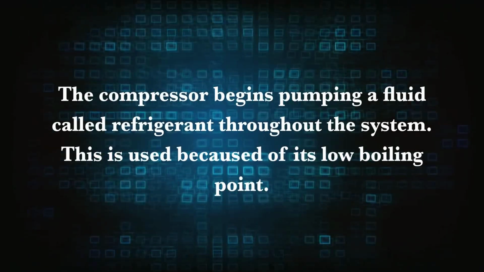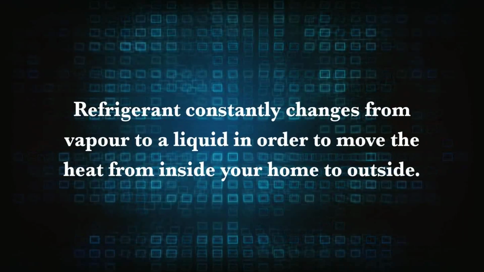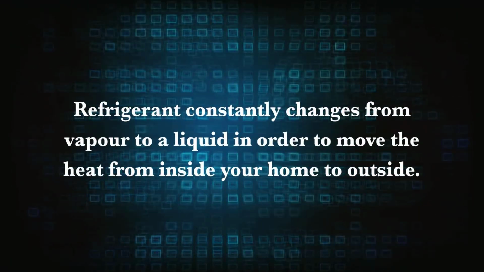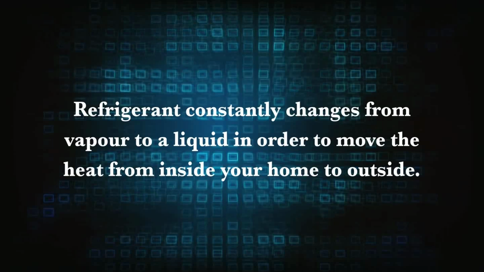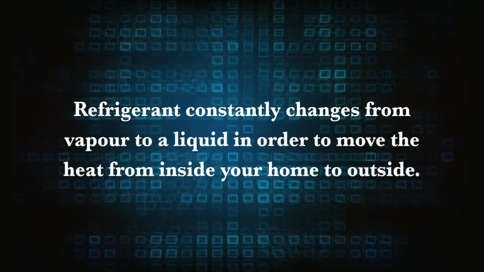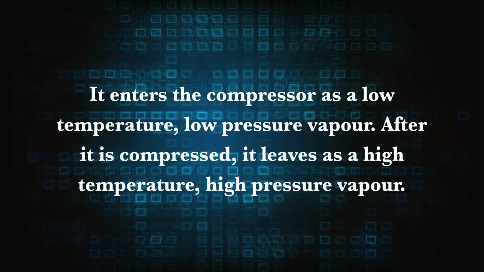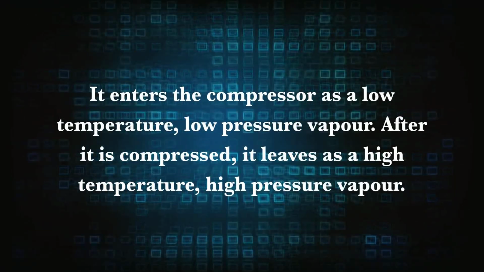This is used because of its low boiling point. Refrigerant constantly changes from vapor to liquid in order to move the heat from inside of your home to outside. It enters the compressor as a low temperature, low pressure vapor.